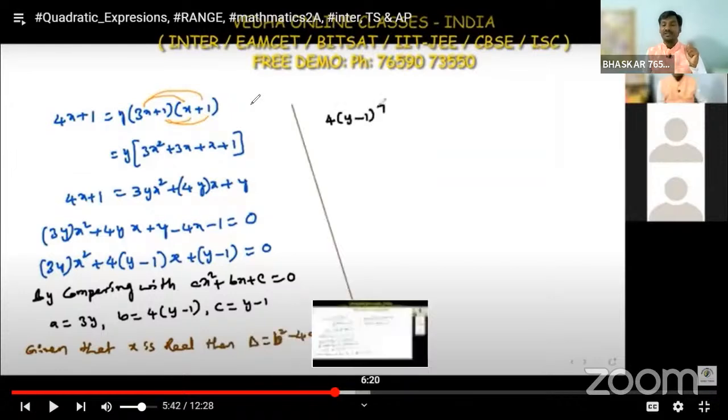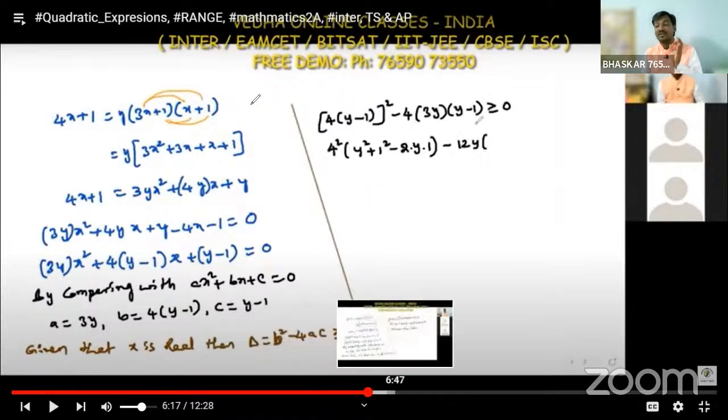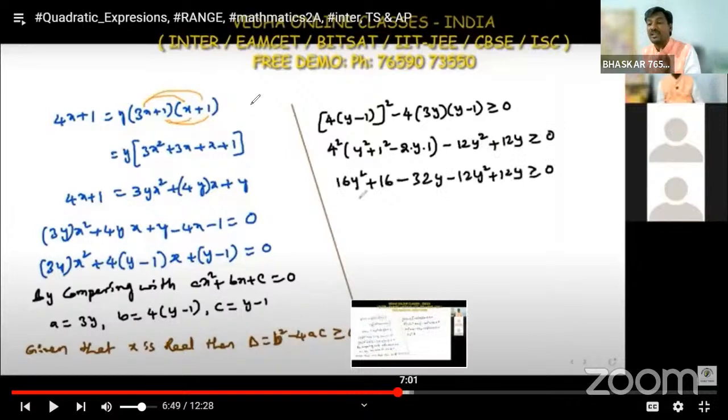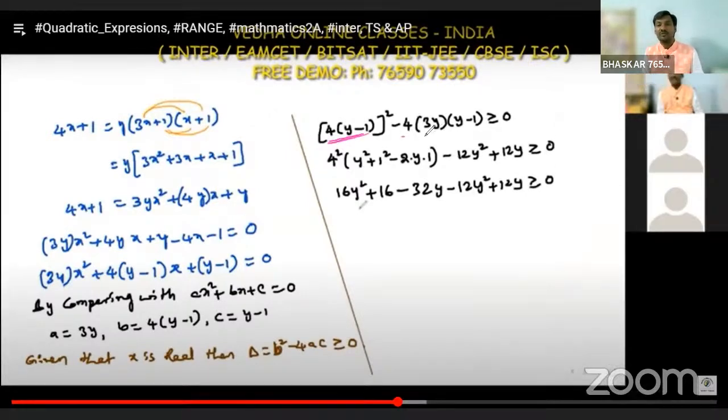And given that x is real, if x belongs to R, then the discriminant b square minus 4ac is always greater than or equal to 0. That means (4 into (y minus 1)) whole square, the b value, b square minus 4ac is greater than or equal to 0.